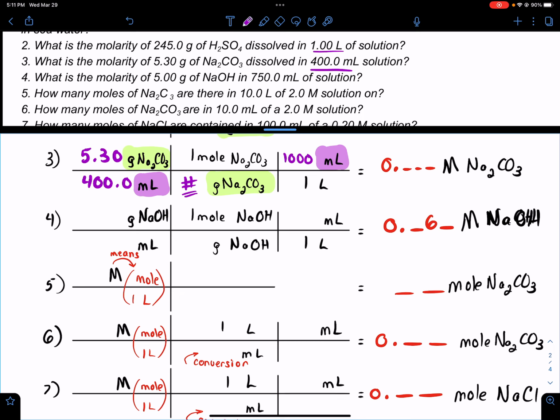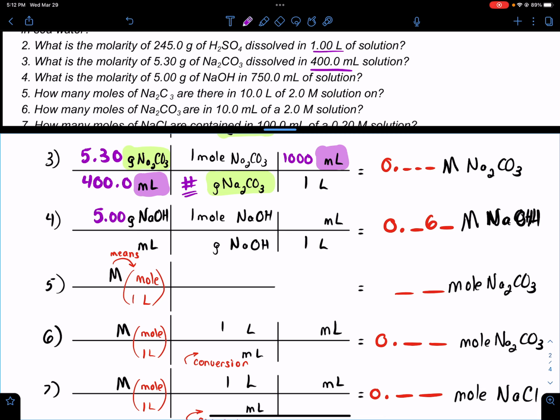Number 4, you have, what is the molarity of 5 grams? So you've got 5 grams. Put in 5 grams here. 5 grams of sodium hydroxide in 750 milliliters. All right, so the 5 grams is your solute. That's the stuff that's going to be dissolved.